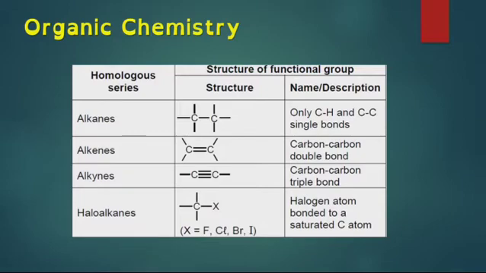So, our first groups of homologous series are alkanes, alkenes, alkynes, and haloalkanes. For alkanes, we only have single bonds. Alkenes, we have a double bond, sometimes more than one, but you will generally only be tested on one double bond.